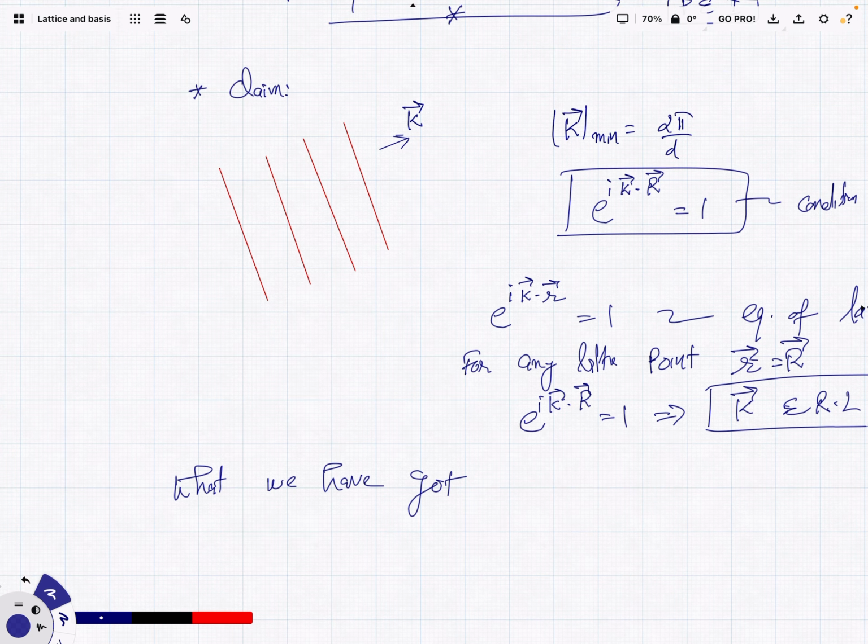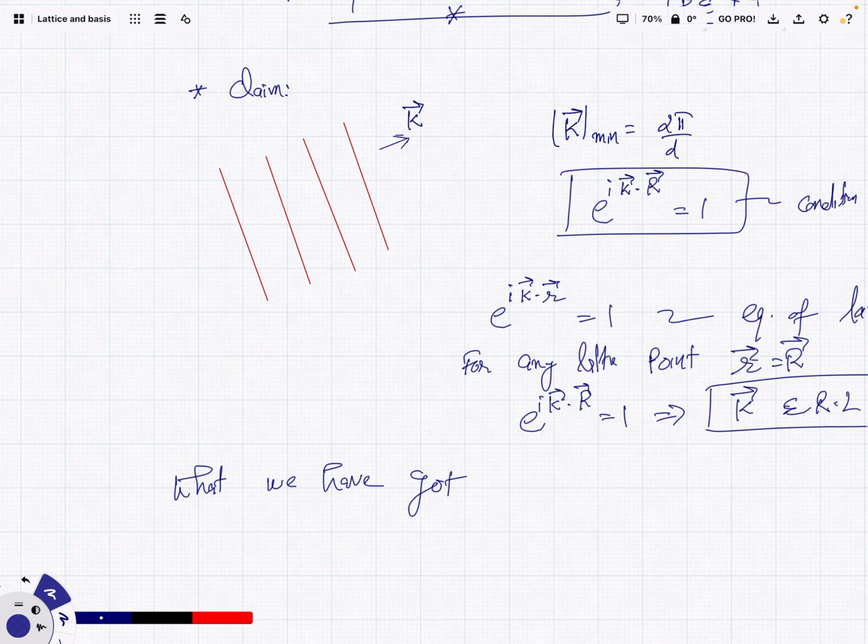So what we have got basically: I have a set of lattice planes, and if I take any 3 lattice points, make lattice planes, and the spacing between them is d, there will exist a reciprocal lattice vector perpendicular to them, and the smallest one has magnitude 2 pi by d.